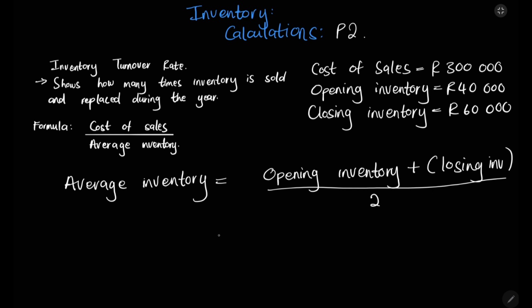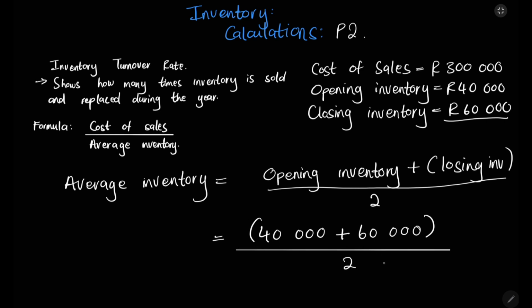Now let's substitute into our formula. We have opening inventory, which is 40,000 Rand, plus closing inventory, which is 60,000 Rand, all over 2. And when you calculate this, you will get 50,000 Rand.